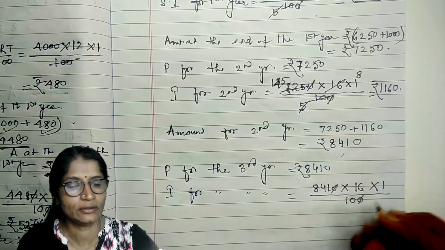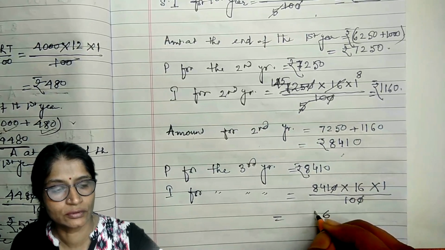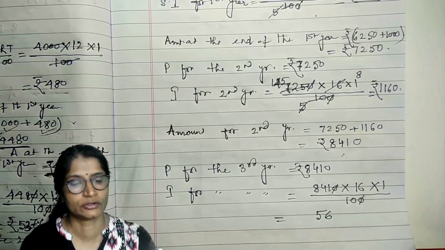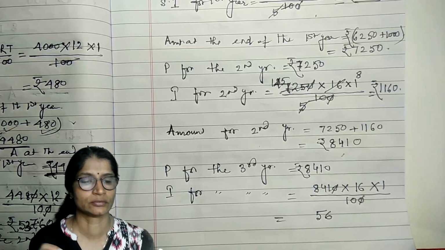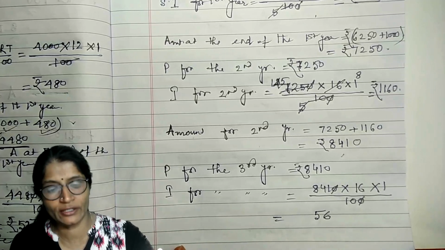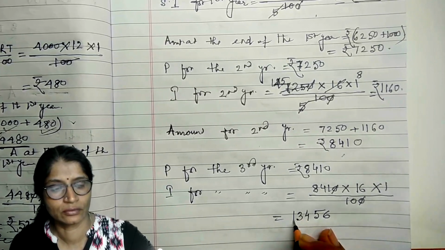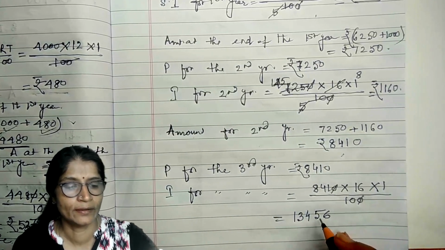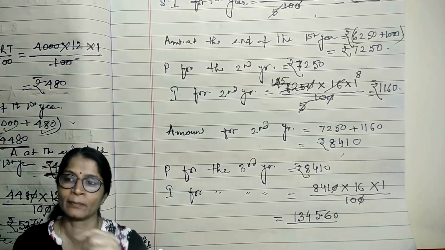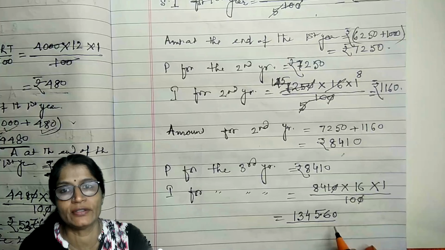So that is equal to this: 128 plus 6. The decimal is there here. So 1345.60.